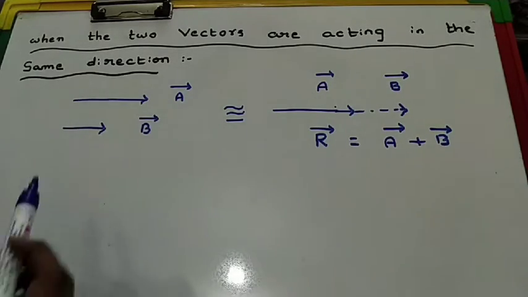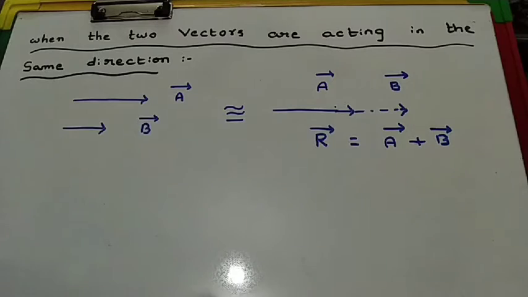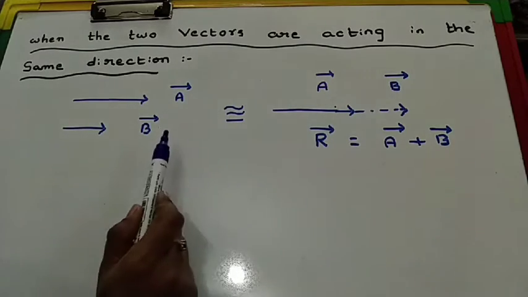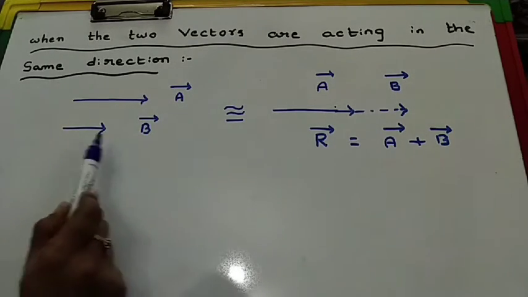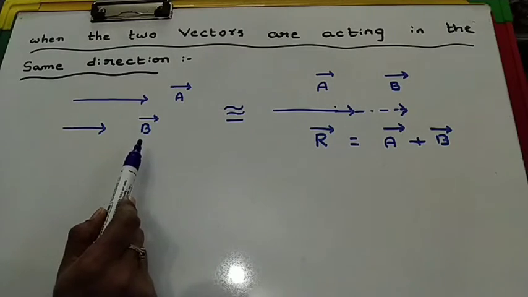Once again I am repeating. Take a vector A which is along the positive x direction. Take another vector B which is also along the positive x direction.